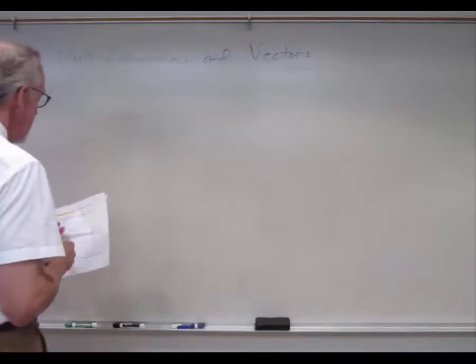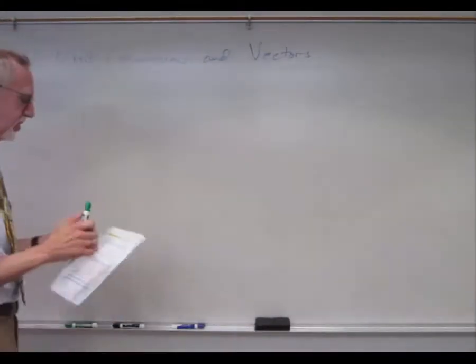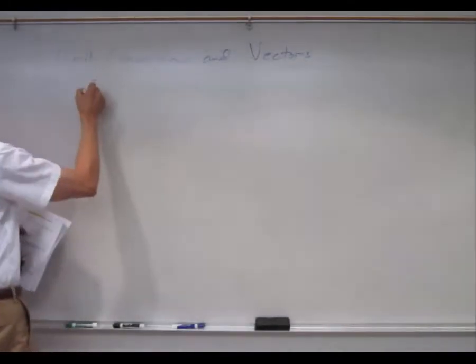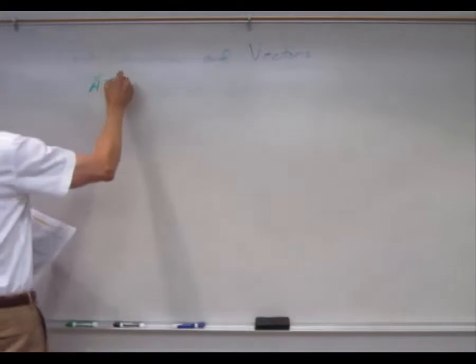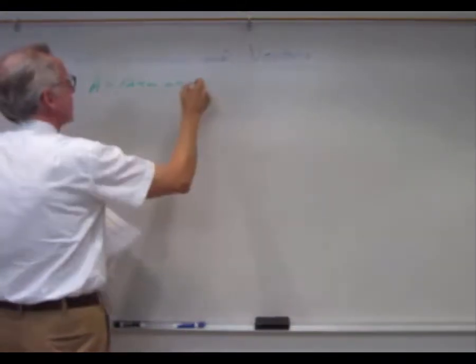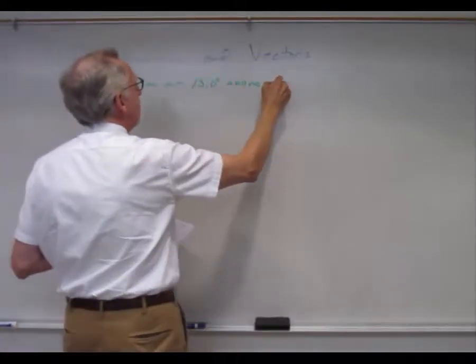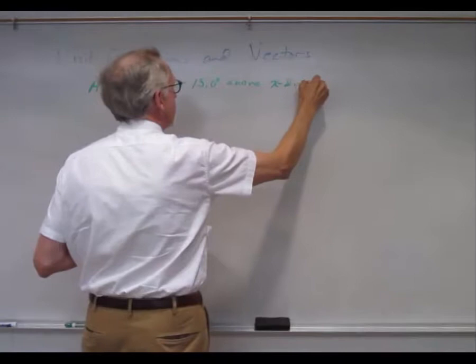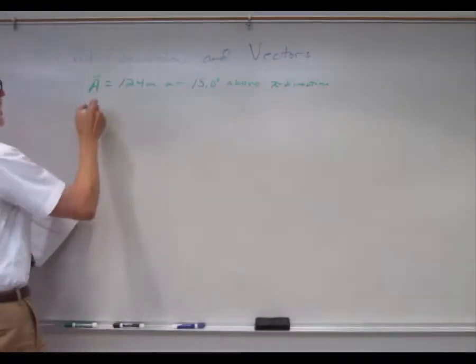Okay. Let's imagine we are going to go for another walk, and we've got two parts to it. Let's say our first part, and this time I'm just going to call it a vector A. A is 124 meters at 15 degrees above the x direction. X-axis or x direction, it's the same thing.